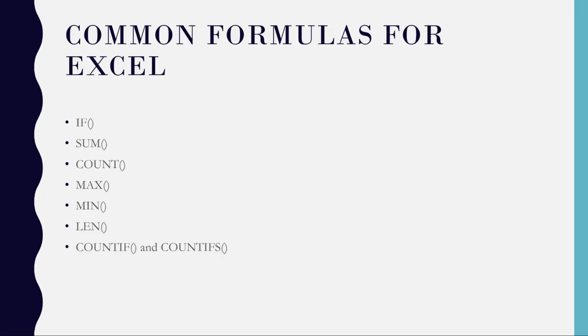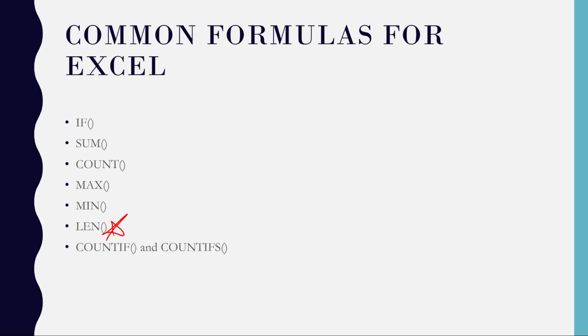All right, anyways, tiny project. The next thing we're going to do is take the data from your survey and put it in Excel. To help with that, I have IF, SUM, COUNT, MAX, MIN, LEN, COUNTIF and COUNTIFS. I am going to do a walkthrough using all of these except LEN, which isn't going to be used. That function tells you how large a cell is.